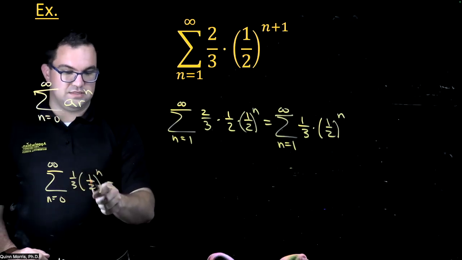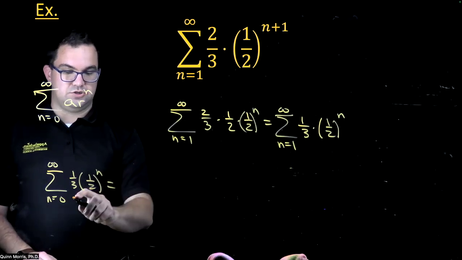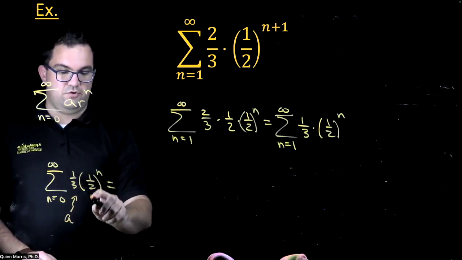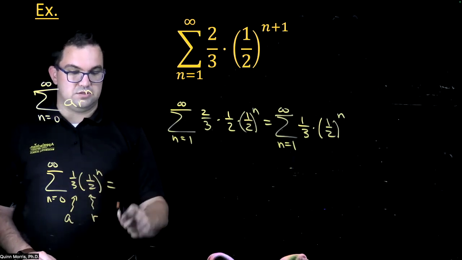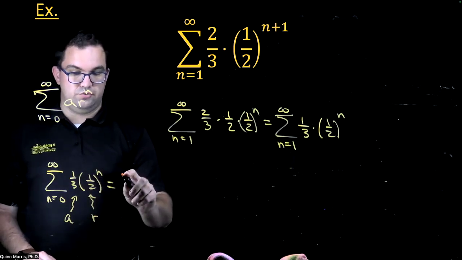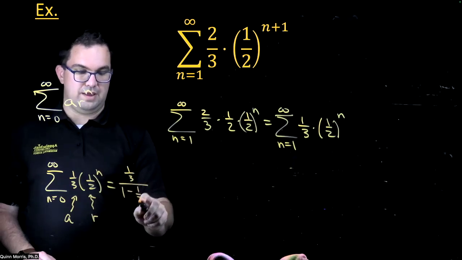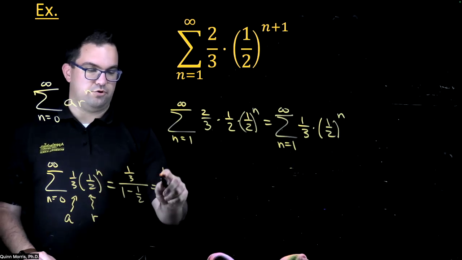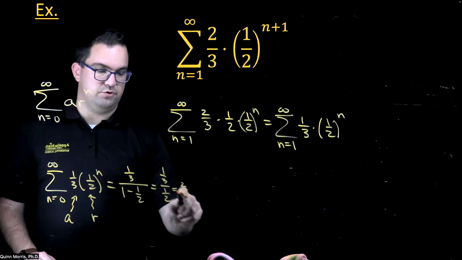This R is less than 1, so it does converge. It converges to A over 1 minus R, so this is going to converge to 1/3 over 1 minus 1/2. That's 1/3 divided by 1/2, which will be 2/3.